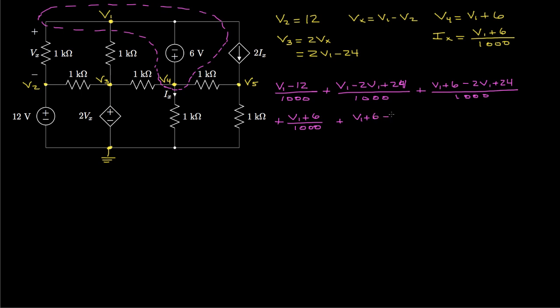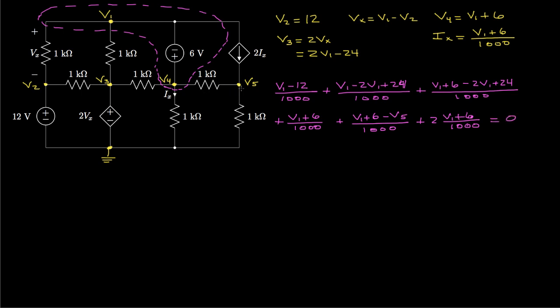And then we'll subtract V5 to get this current, and that's divided by the resistance, which is 1000 ohms. And then finally we have this current leaving the node, so that'll be plus 2Ix, but Ix is V1 plus 6 over 1000. So we write this as 2 times V1 plus 6 over 1000. And set all of that equal to 0.